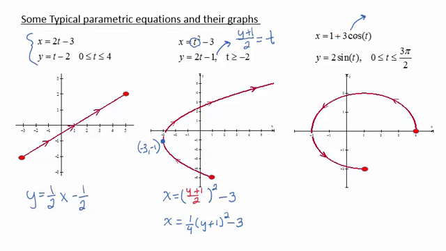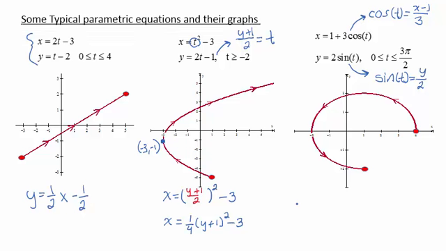For this first one, if we solve for cosine, we could write the cosine of t would be, well, we would subtract the 1 to the other side and then divide by that 3. And if we solve the second one for the sine of t, we could write it as y divided by 2.